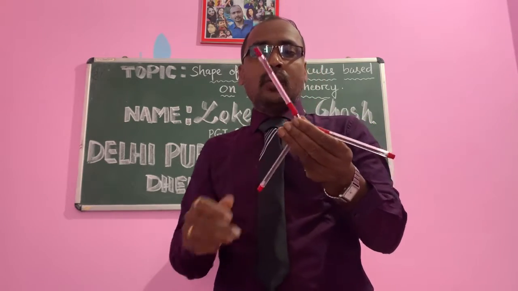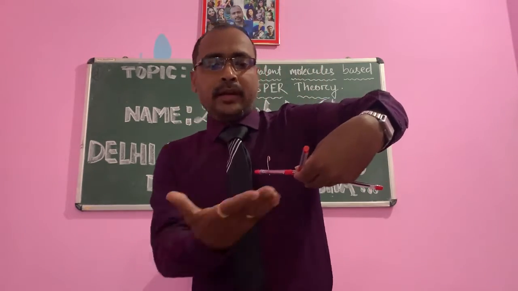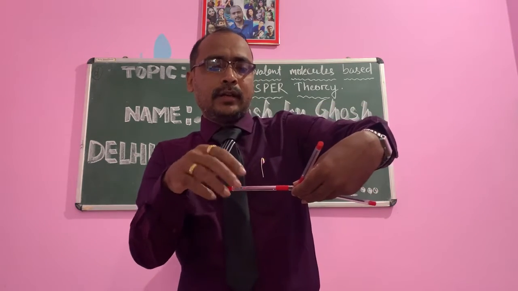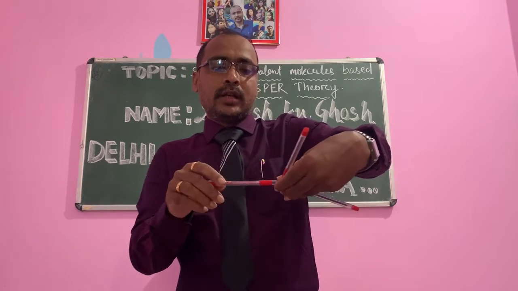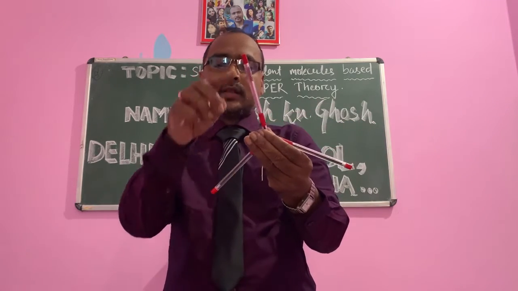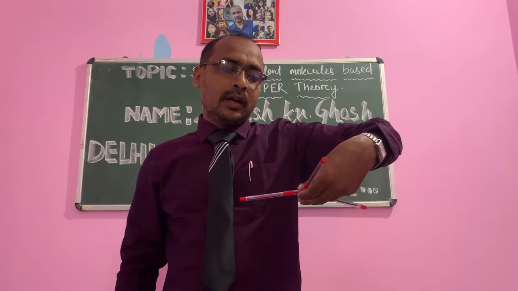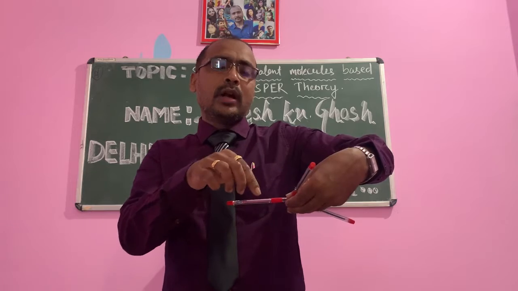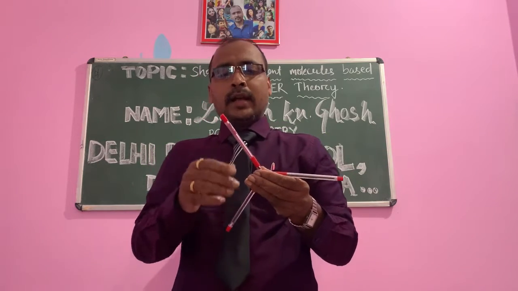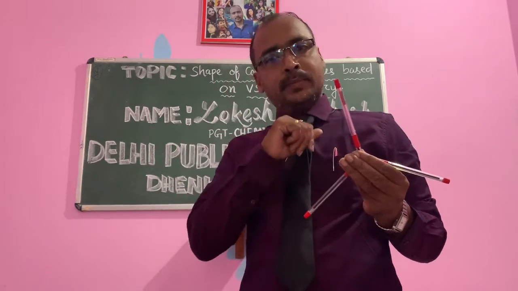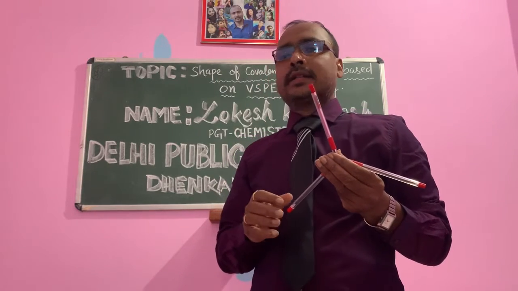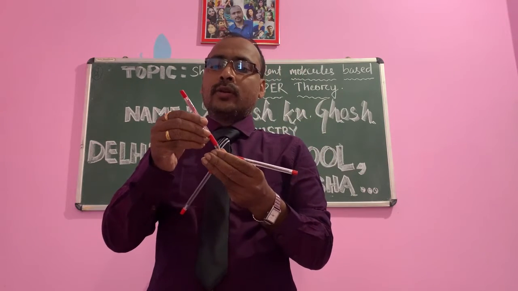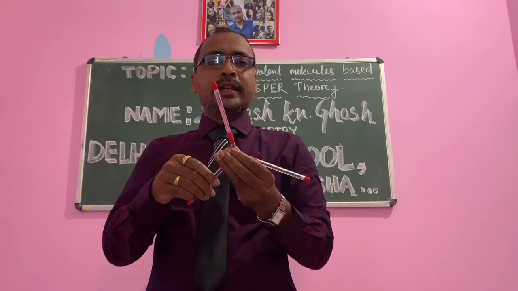The structure will be like this. You see, it is a plane. If you join all the bonds, it is a triangle. This shape is known as trigonal planar. The bond angle is 360 divided by 3, that is 120 degrees, and the hybridization is sp2. The previous one is sp, this one is sp2, and examples are BF3, BCl3, etc. This AB3 type is known as trigonal planar.